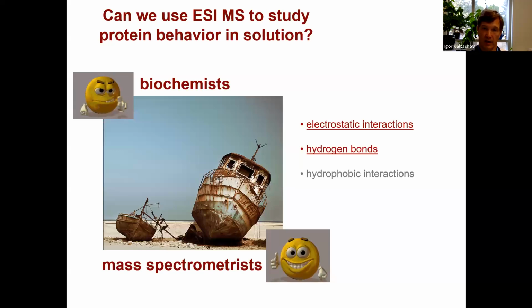Remember, electrostatic interactions are strong, but in polar solutions, such as water, there is a dielectric constant. So in water, the dielectric constant is what? Almost 81, right? Which means that the attraction between two charges, once you move them from vacuum to water, is reduced by almost 2 orders of magnitude.